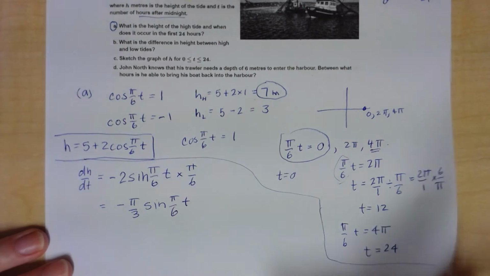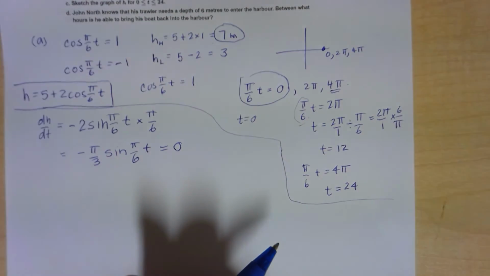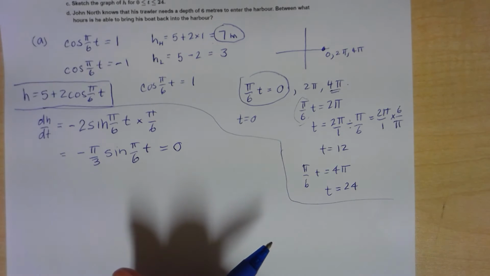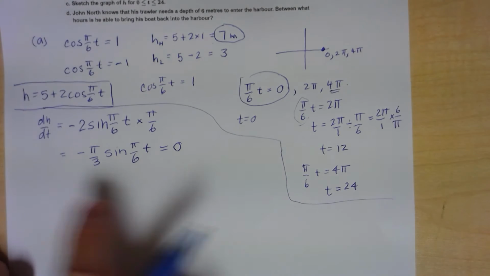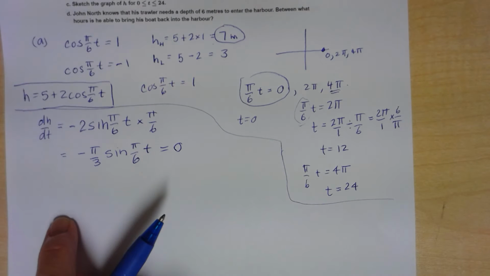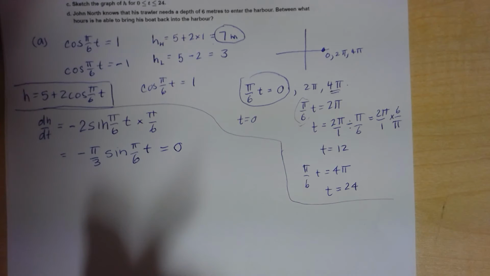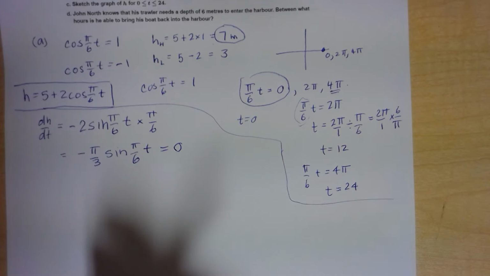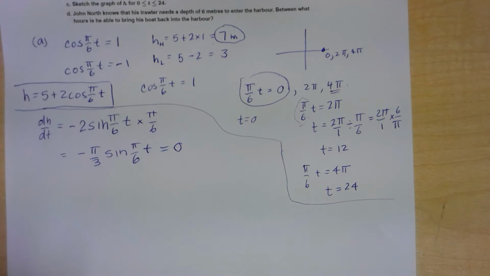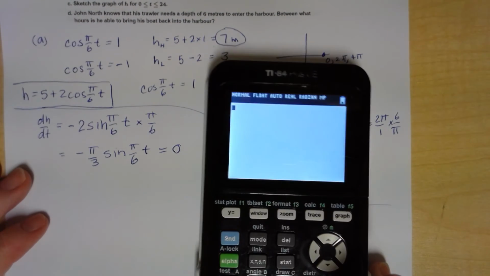Make sure you can figure that out. And when I set that equal to 0, I'm going to get both the maximum times and the minimum times. And we did that yesterday. We had to use a calculator for a minute. We had to do a first derivative test to figure out all those times. So I think this method is so much easier.